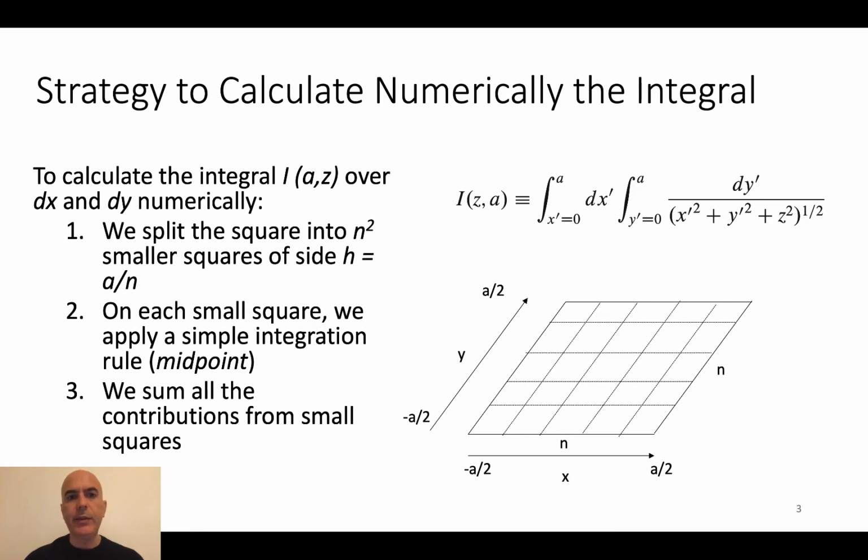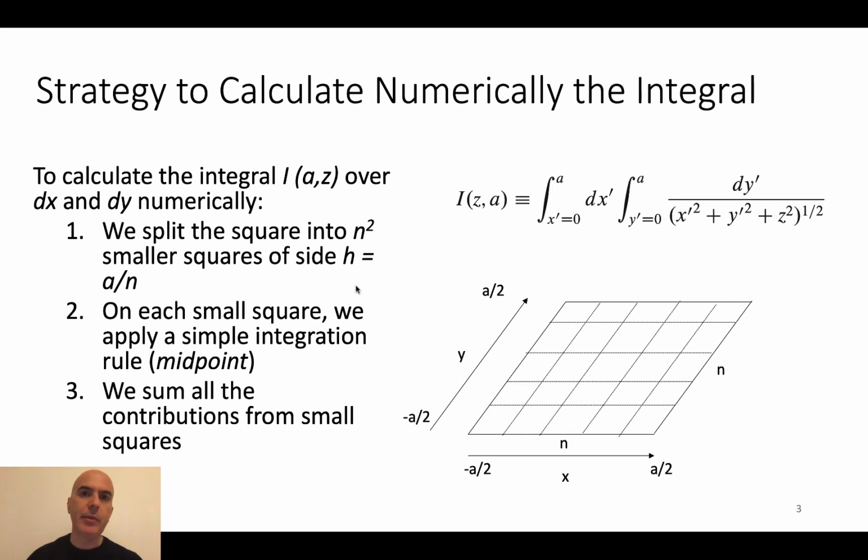So what is the strategy to calculate numerically this two-dimensional integral? To calculate the integral, a function of a and z over dx and dy, numerically requires the following steps. First, we split the square into n squared smaller squares of side h, equal to a over n. So this is our initial square, and then we divide it into n squares in this direction, and n squares in the other direction.